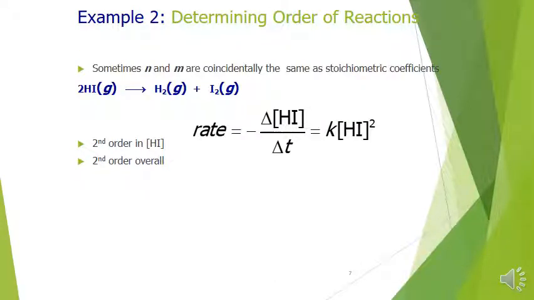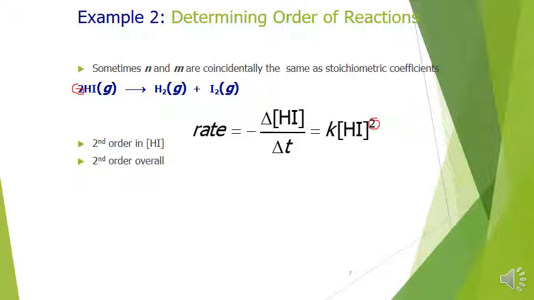All right, determine the order of reaction. Sometimes n and m are coincidentally the same as the stoichiometric coefficients, but that's just a coincidence most of the time. So if you see a 2 here and the rate is 2, it's just a coincidence.